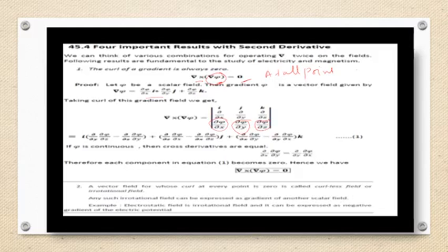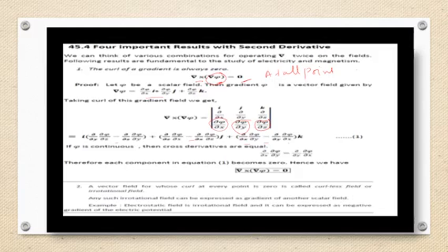Then you expand it. By doing so, you got it like this. Here one thing we will note, if phi is a continuous function, then the order of differentiation is not important.